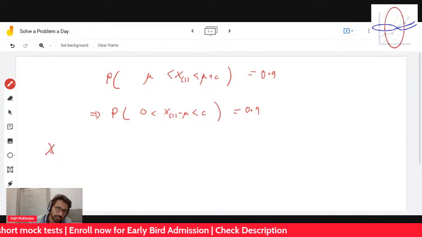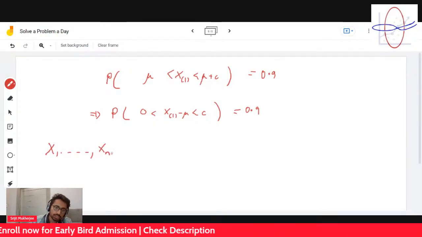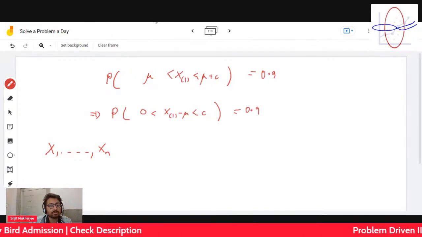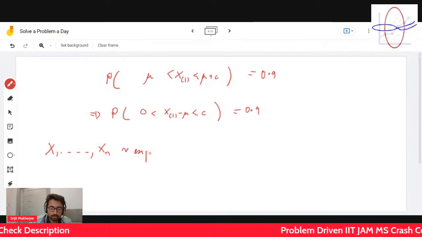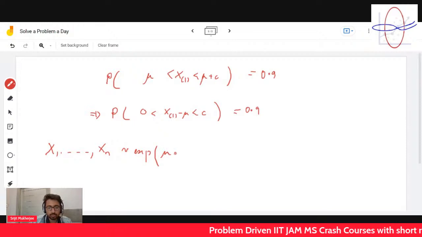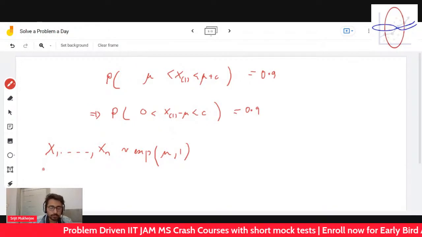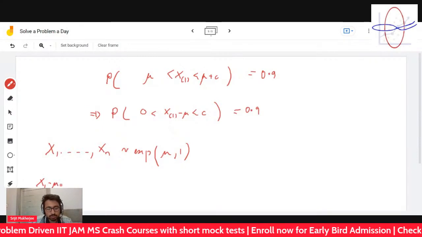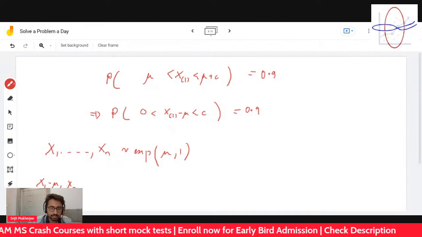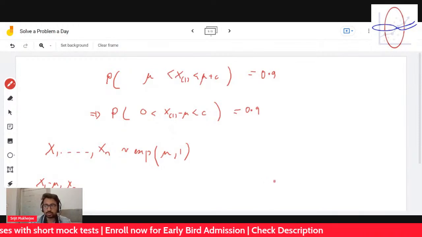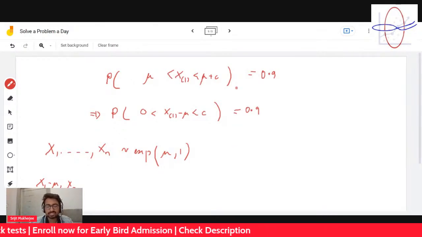So x1, x2, ..., xn follows a shifted exponential with location parameter mu and rate parameter 1. Observe that x1 minus mu, since the location parameter is mu, is shifted, so x is greater than mu.